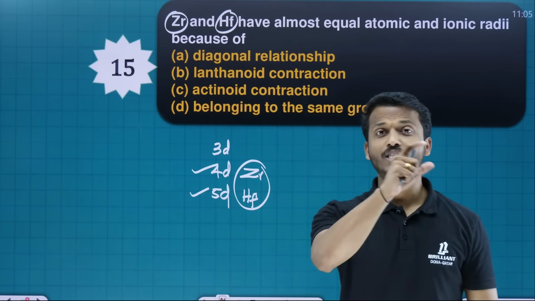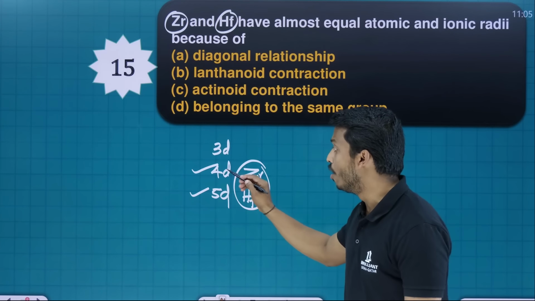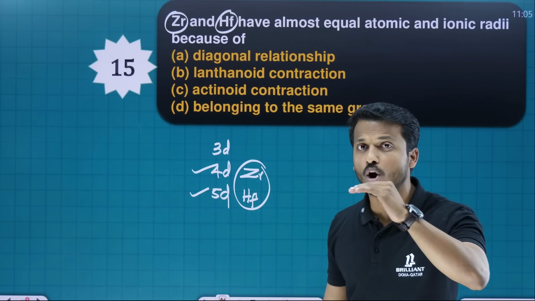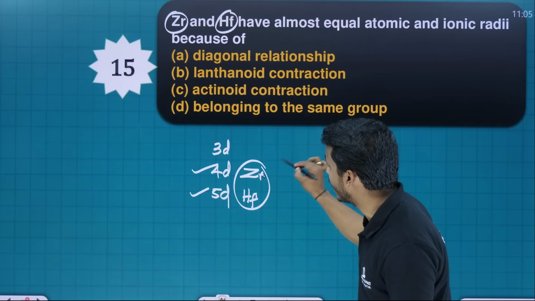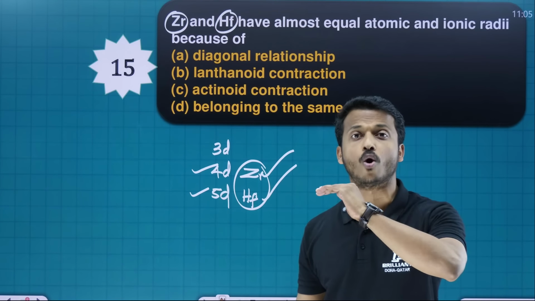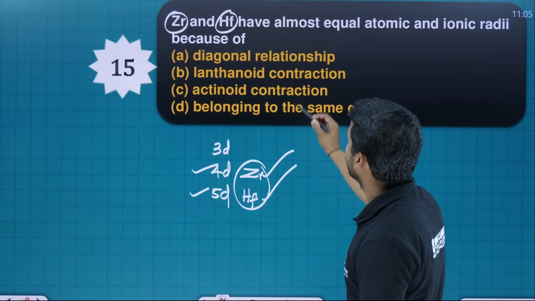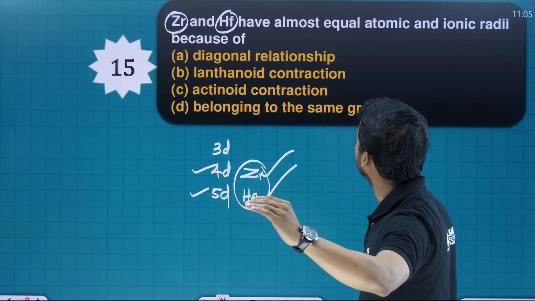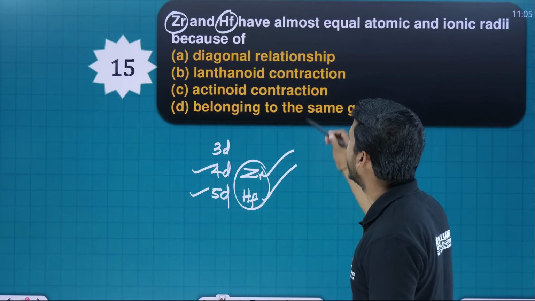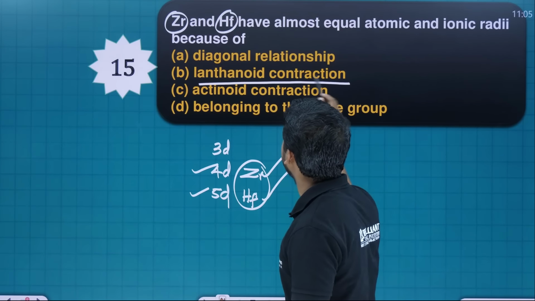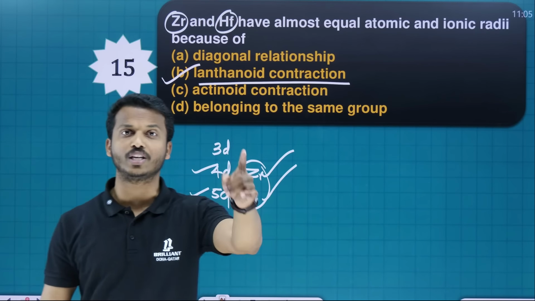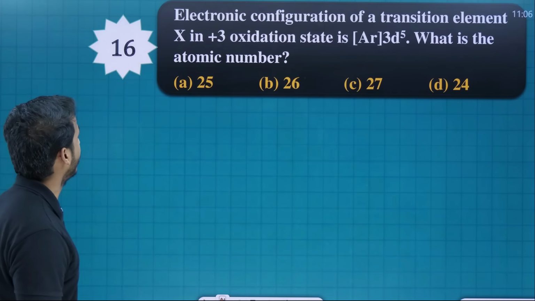We studied the consequence of lanthanide contraction. Because of that, zirconium and hafnium show almost similar properties. So zirconium and hafnium have almost equal atomic and ionic radii. That is because of what? Lanthanide contraction. It is one of the consequences of lanthanide contraction.